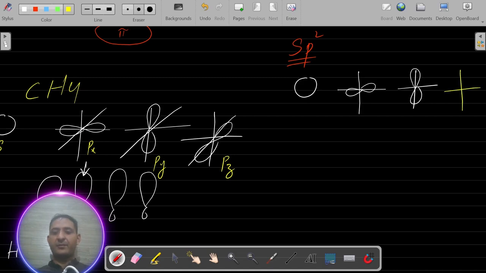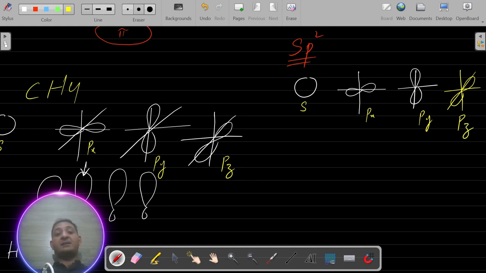There's a reason why I'm drawing this with yellow color. We have this px, this py, and here we have this pz.